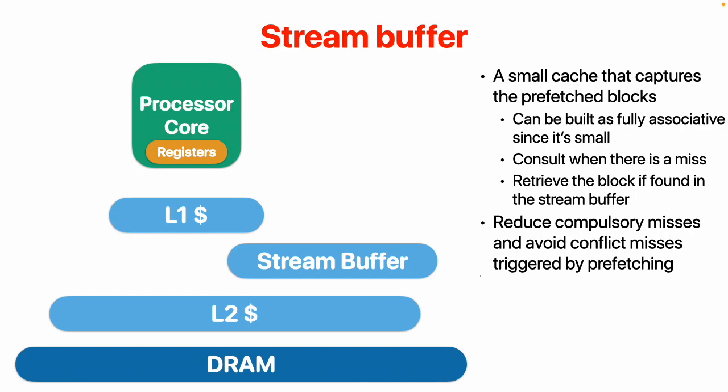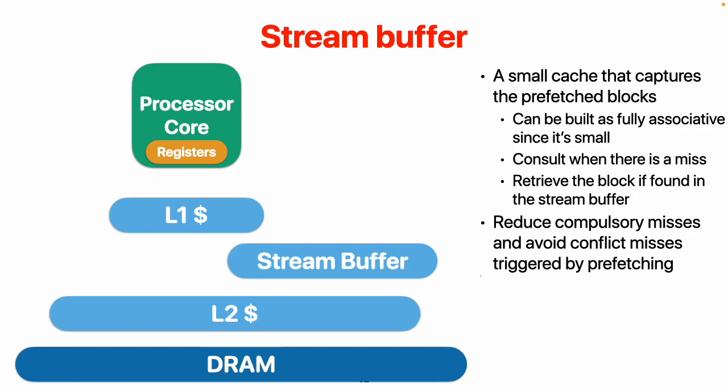And if your source is originally conflict miss, naively adding prefetch is actually going to intensify that conflict miss, because you are potentially kicking out the data that you need. So a remedy for this is that we just don't let those prefetch blocks occupy the original cache. And that new place is called the stream buffer.